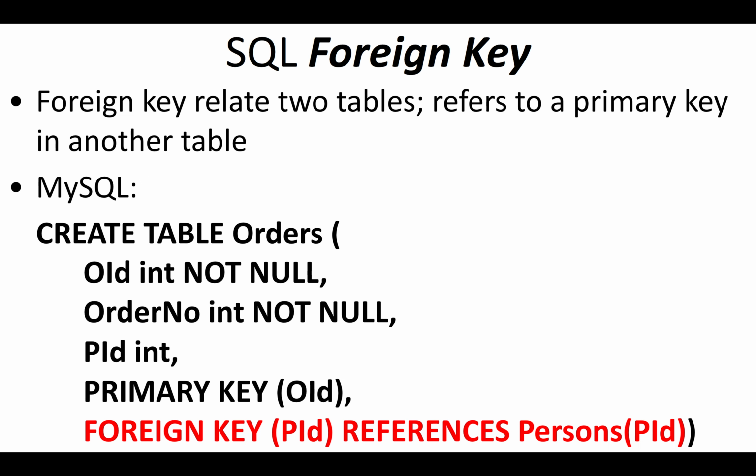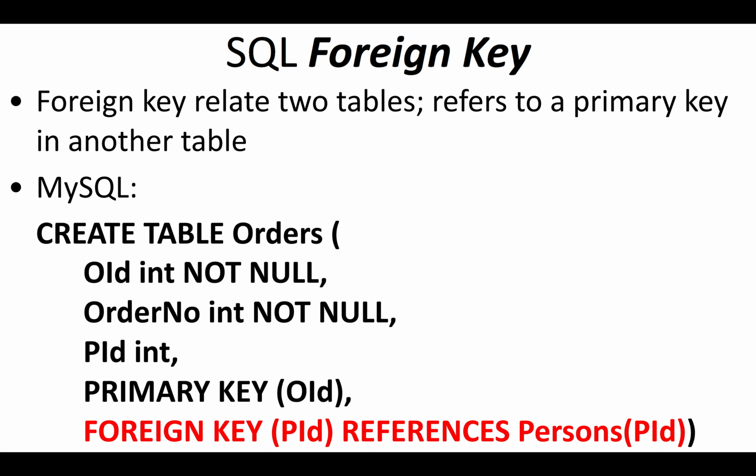Foreign key constraints, you use the foreign key keyword. So foreign key, and then which field here is the foreign key. So PID here is a foreign key, meaning there must be a primary key on some other record that we are referring to. And we just say what we are referring to. We're referencing some other table who has a primary key.